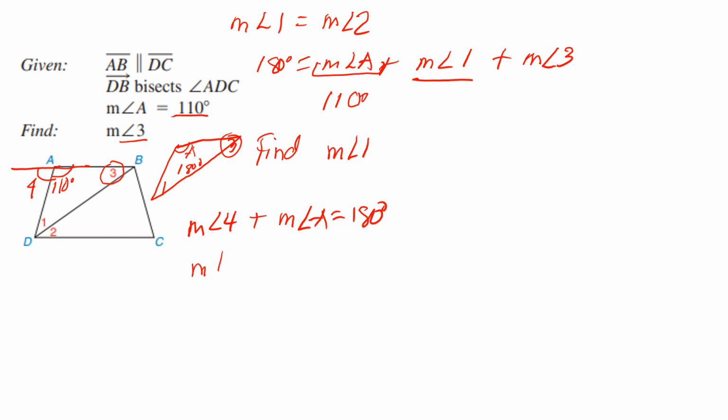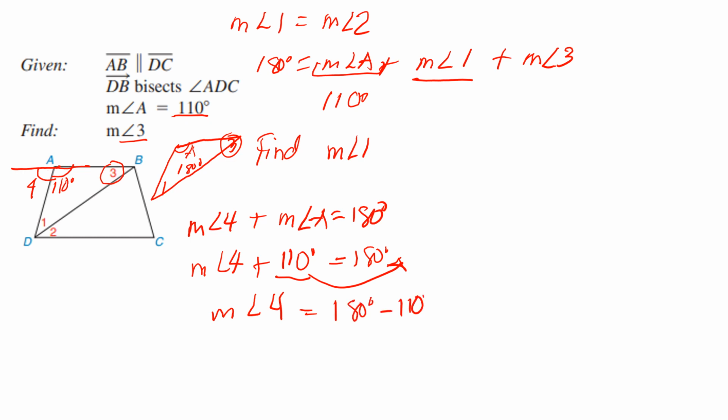So measurements of angle 4 plus the measurements of angle A, which is 110 degrees, is equal to 180 degrees. And then transpose this 110 on the other side. We already have the value of the measurements of angle 4. So we have here measurements of angle 4, 180 degrees minus 110 degrees. That would give us the measurements of angle 4 as 70 degrees.